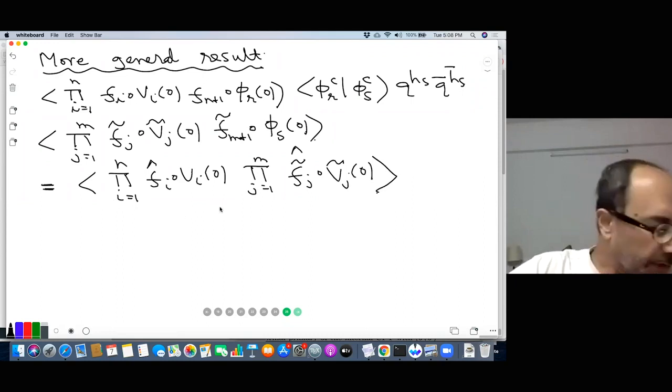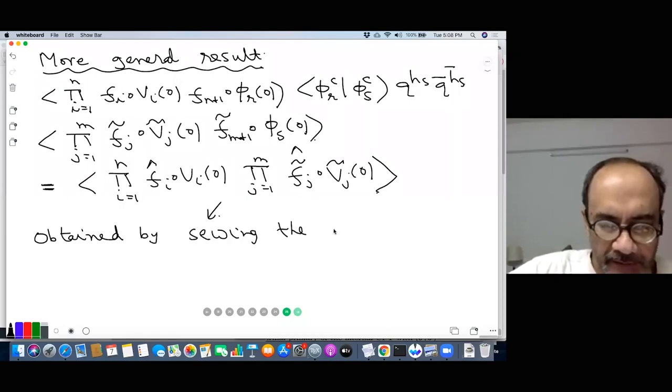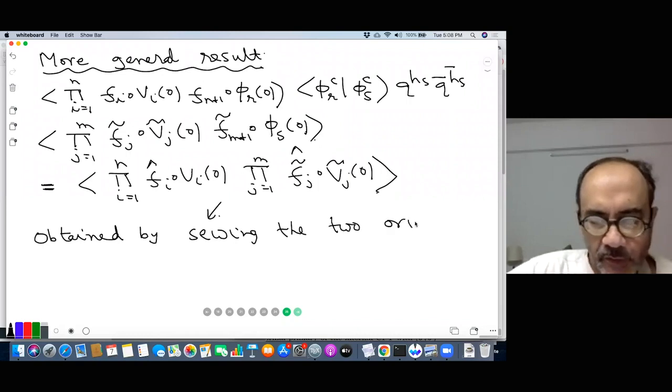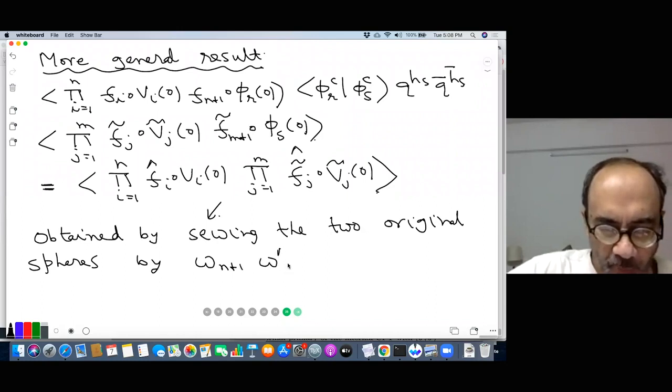This one is obtained exactly in the same way, by sewing the two original spheres by w_{n+1} w prime_{m+1} equal to minus q.